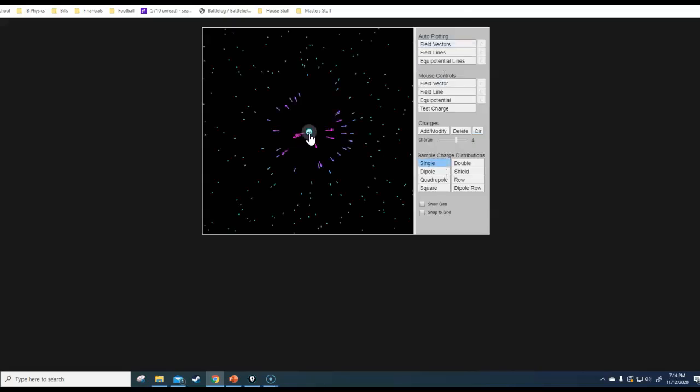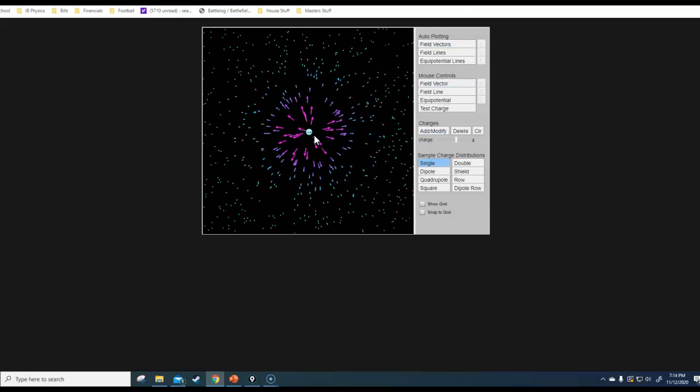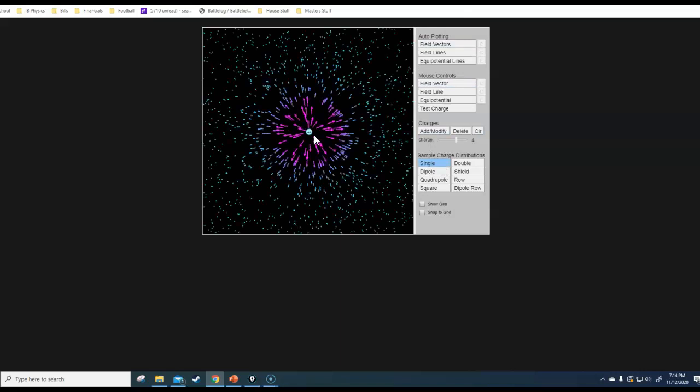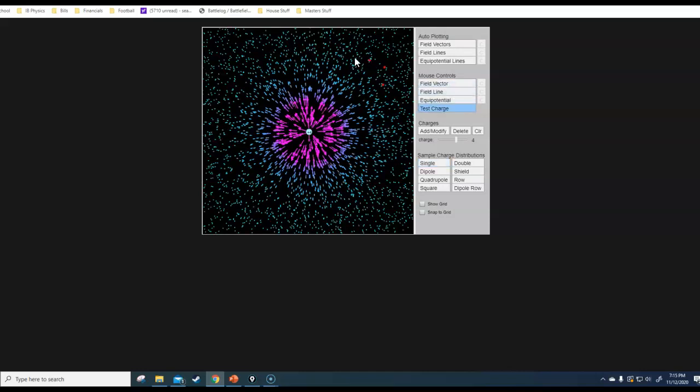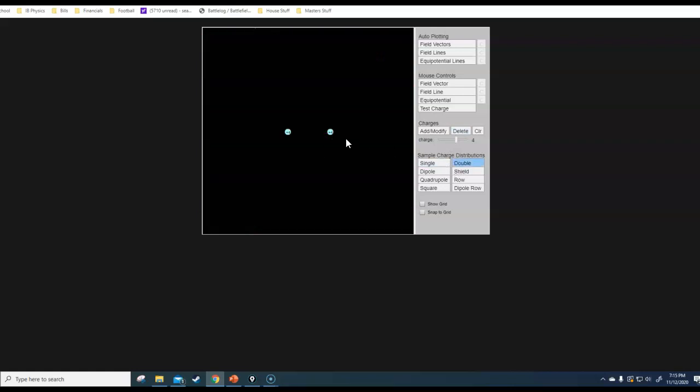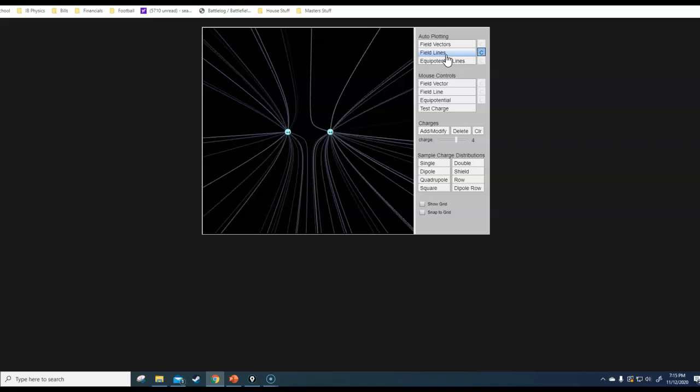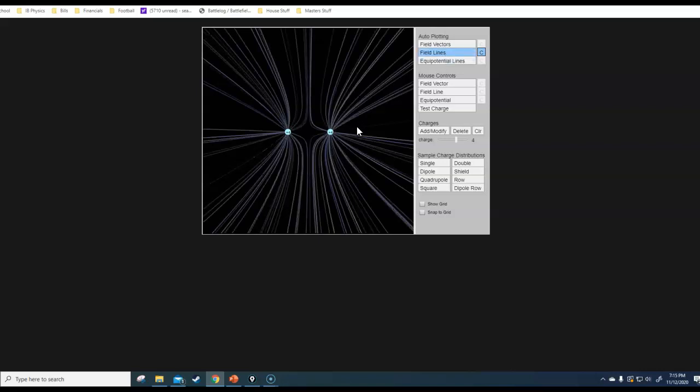And just to show you the same thing, this is a single point charge, and basically what I want you to see is that every single point charge in space creates an electric field surrounding it, whereby if I were to put another point charge just out there, that point charge would feel a force. I can add more complicated charge distributions, and you can see again the electrical field.